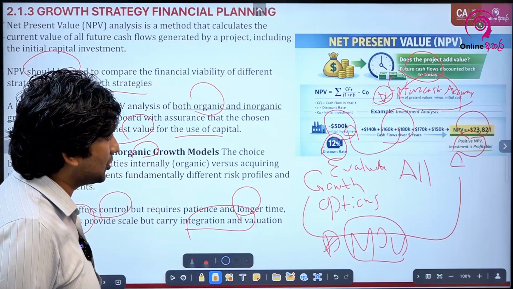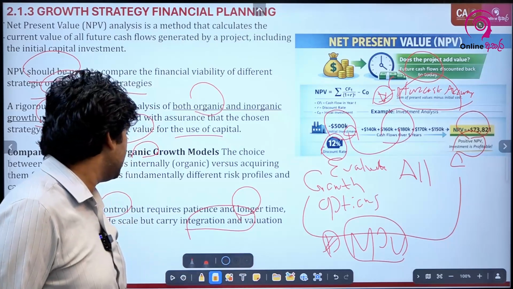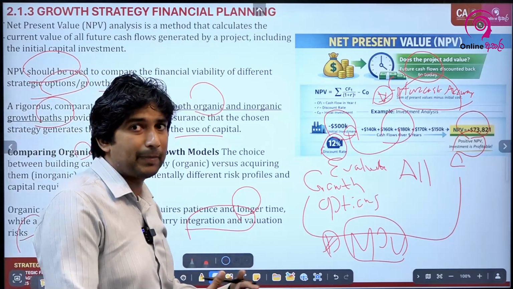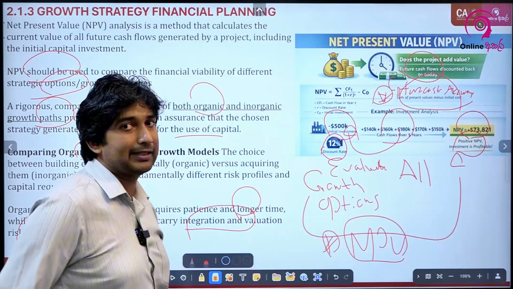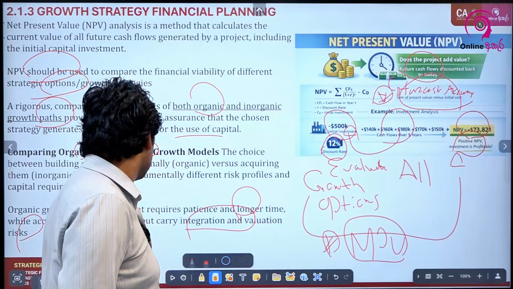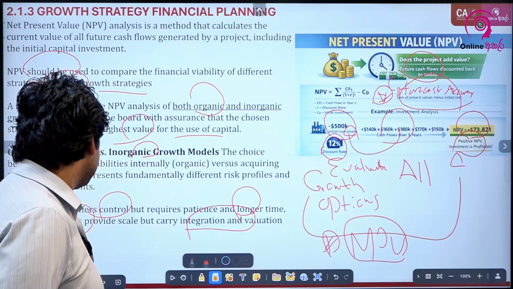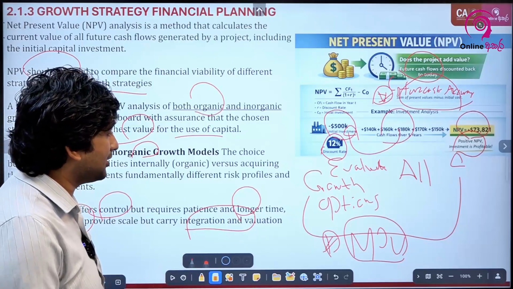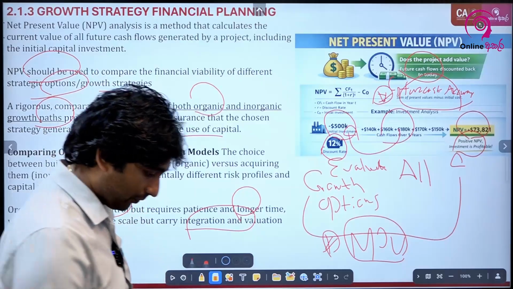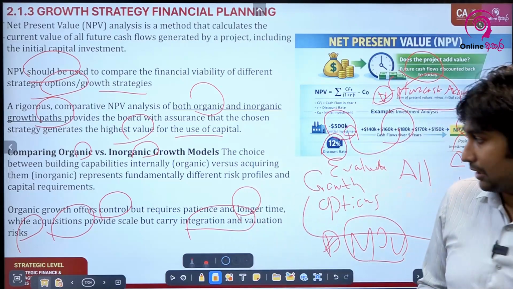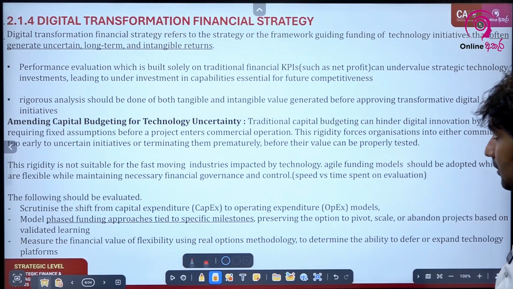There are many organizations that acquire other organizations by paying huge sums of money, but cultural incompatibility and resource incompatibility, which you didn't factor in before, led to calling off the merger after a period of time, after paying huge sums of money. So integration, whether the two organizations can work together properly, you also need to evaluate. So all your growth options you need to evaluate by doing the net present value calculation.